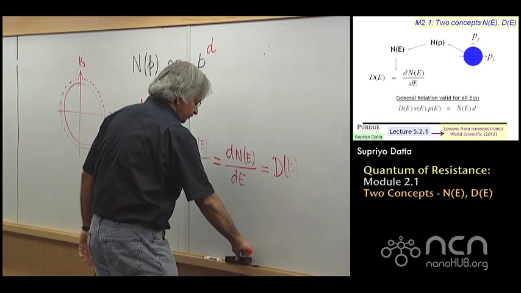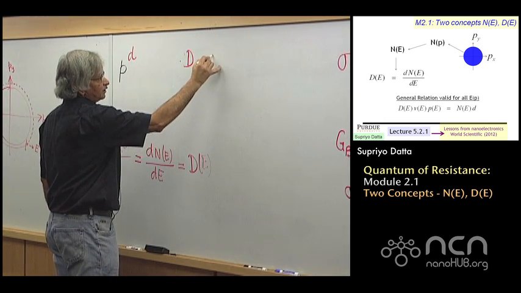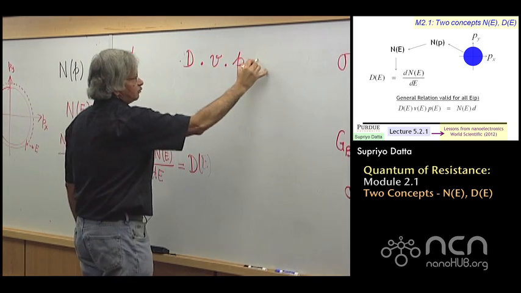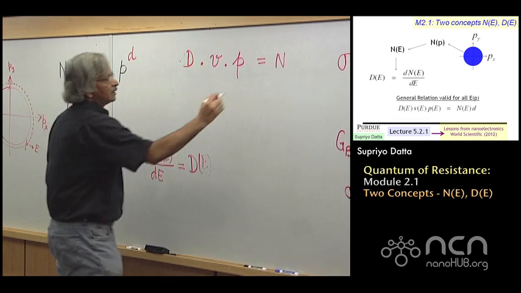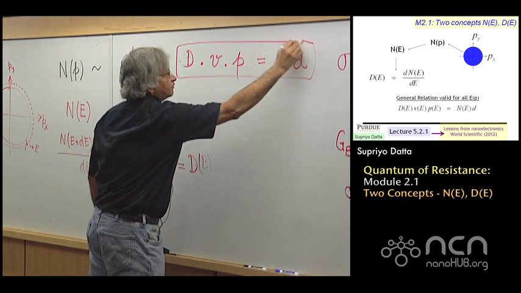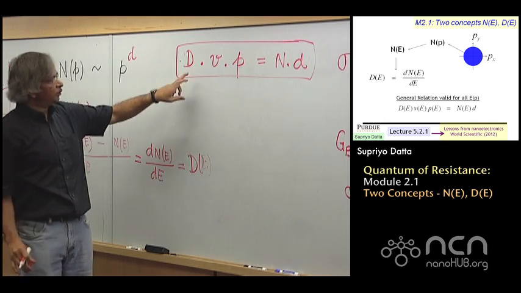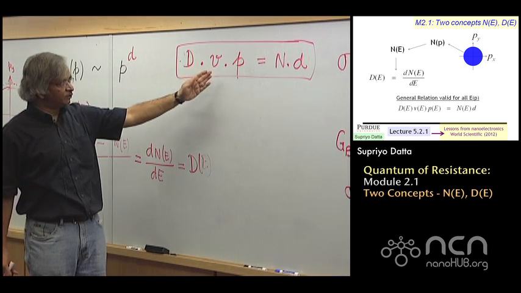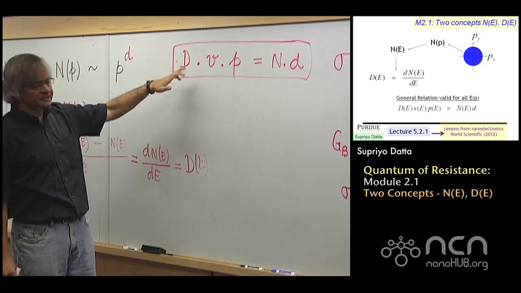The density of states times the velocity at a given energy times the momentum should be equal to d times N, where N is the number of states and d is the number of dimensions. This is a general relation that should hold irrespective of the energy momentum relation, although depending on the energy momentum relation, you might get a different density of states, different velocities, etc.